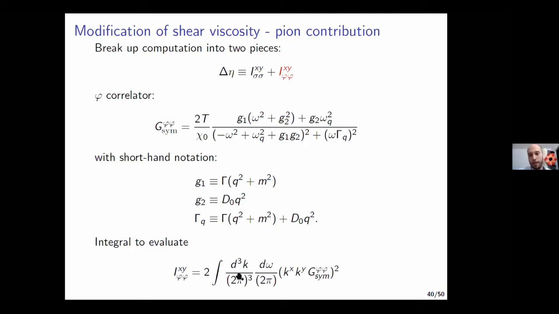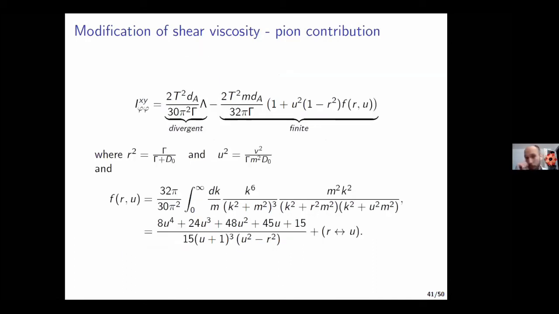And again, you need to integrate just like what you would do with the stress tensor. So in the XY direction, you integrate XY with this propagator squared. And the result is like before. You'll have a divergent contribution going like lambda, a finite piece, and other subleading terms, which we'll just ignore here.